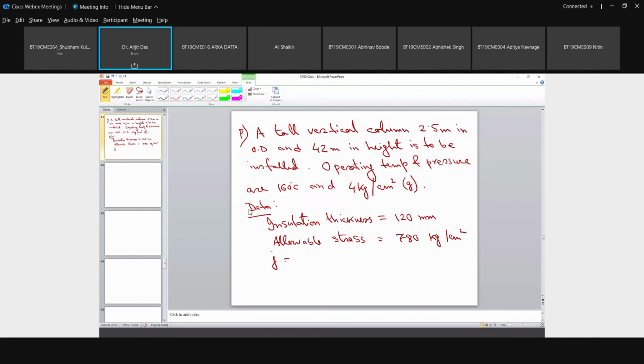We have given the joint efficiency as 0.8, corrosion allowance as 1.5 millimeter. Density of the shell material is 7600 kg per meter cube. Density of insulating material is 500 kg per meter cube.